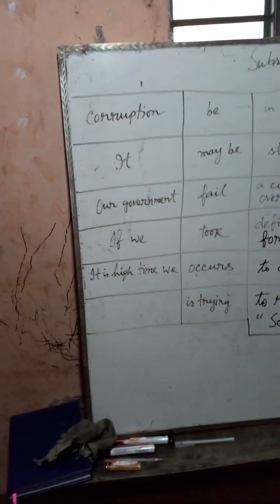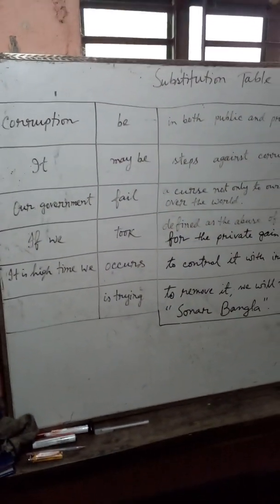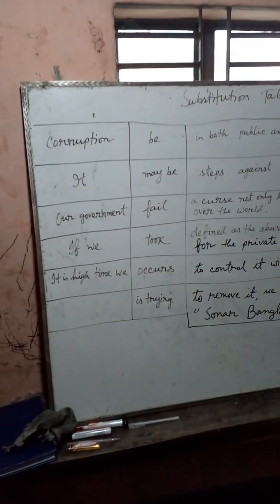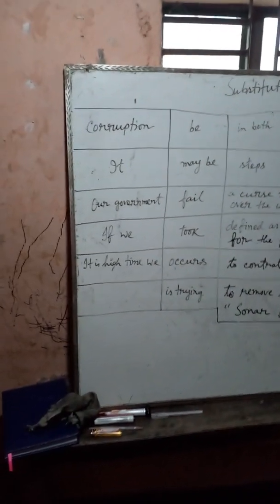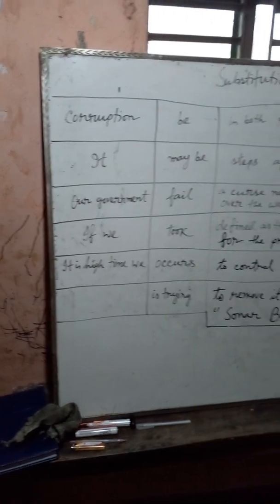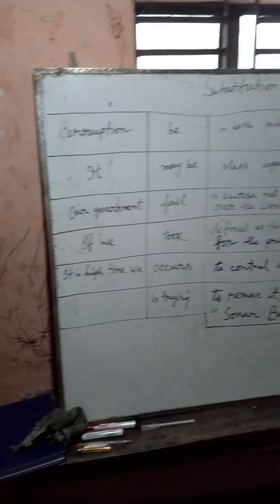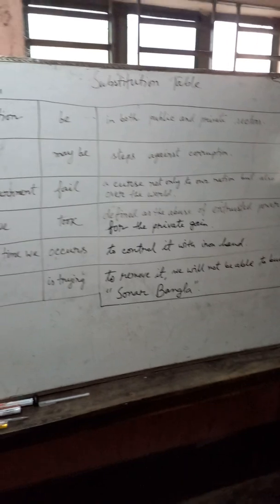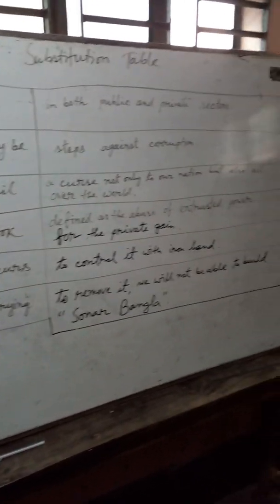Now try to make 6 correct sentences using all the 3 columns: column 1, 2, and 3. Okay, have you written it down?